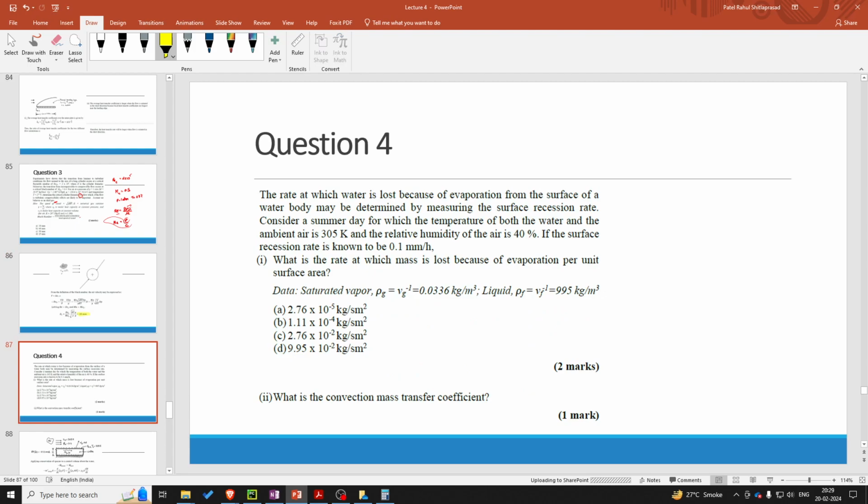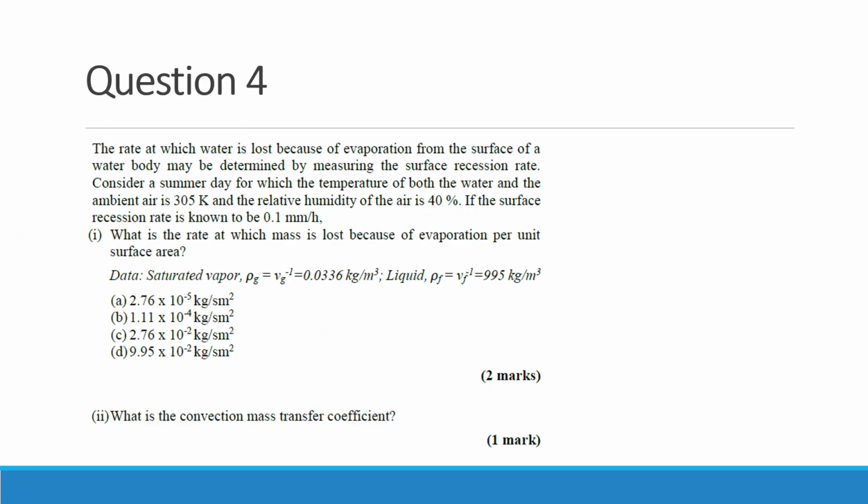So let's move on to the fourth question. This is related to mass transfer. We have been given that the rate at which water is lost because of evaporation from the surface of a water body may be determined by measuring the surface recession rate.